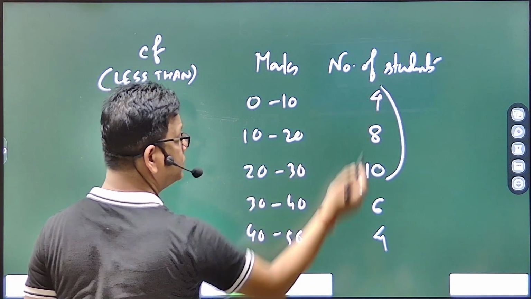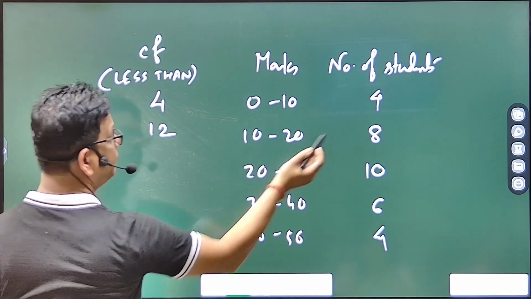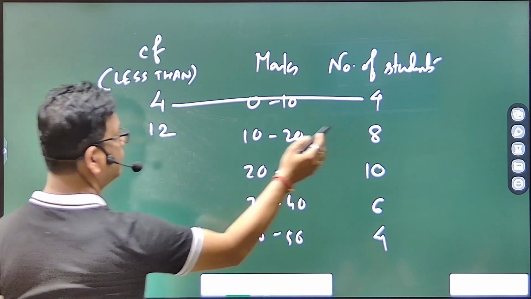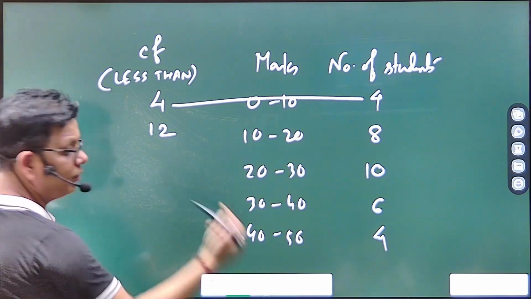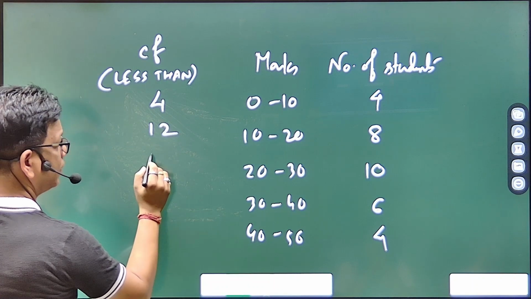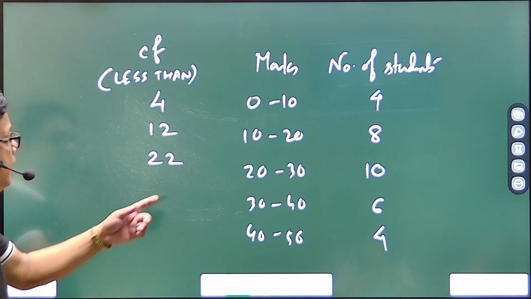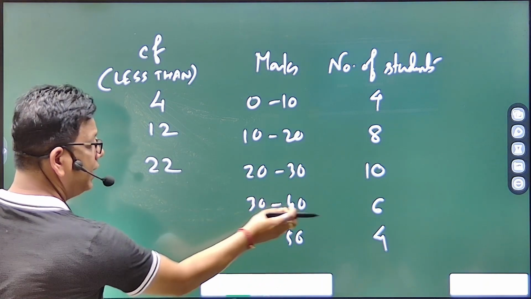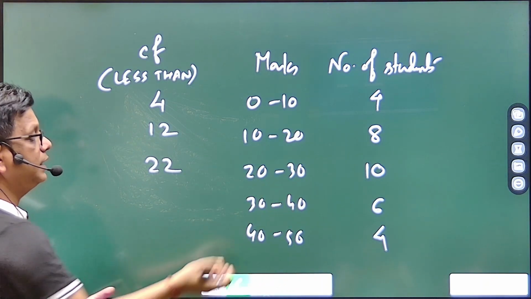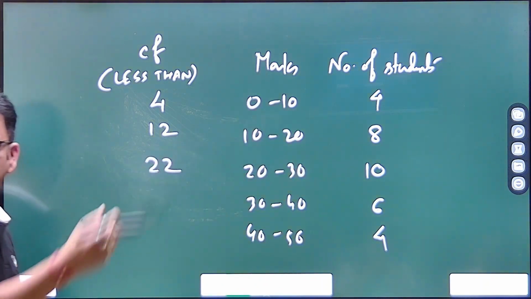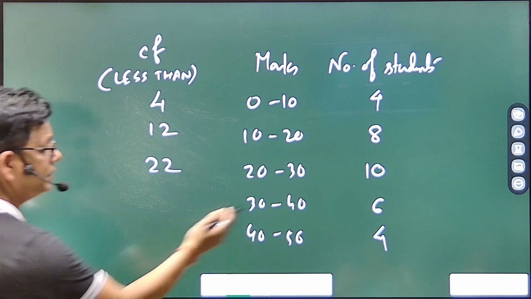Add all these numbers. So instead of adding that, what do you do? First one is same. Then what? 12. Now what should be the next number? How much will it be? 22. Then this is less than 30, yes or no? So this is less than 30. Now less than 40, what? Less than 40 means all those who get less than 30, less than 10, less than 20, they also get less than 40.